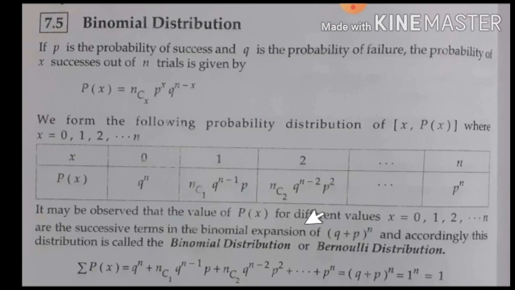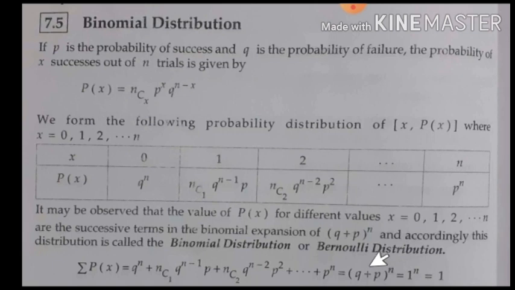So it is in the form of binomial expansion, and when we sum up this probability function, it gives the sum of the binomial expansion, which in short we can write as (a plus b) whole to the power of n form. Here a is q, b is p, whole to the power of n.